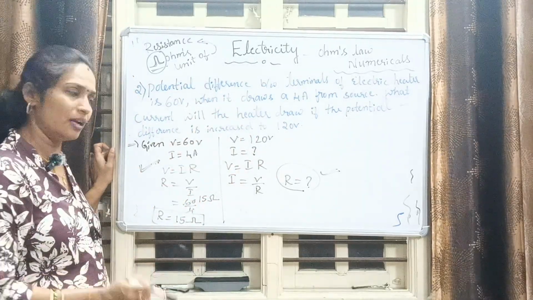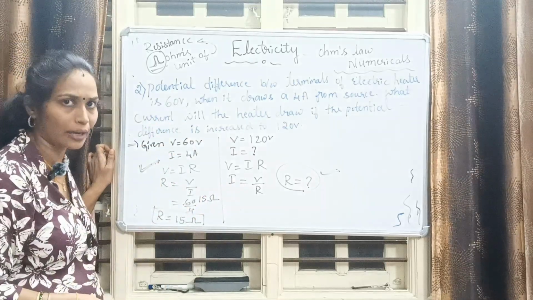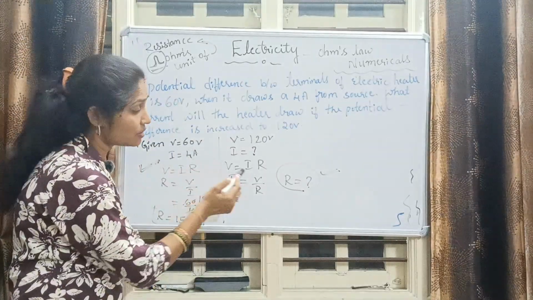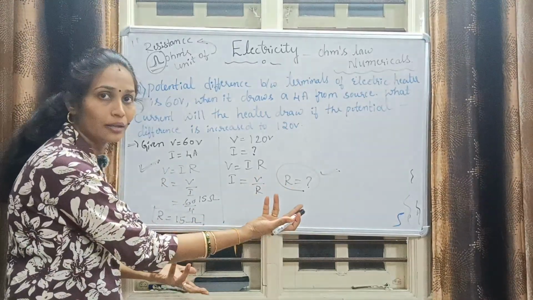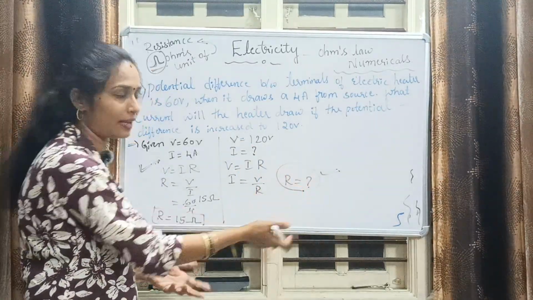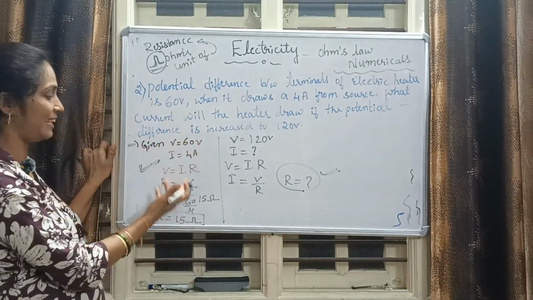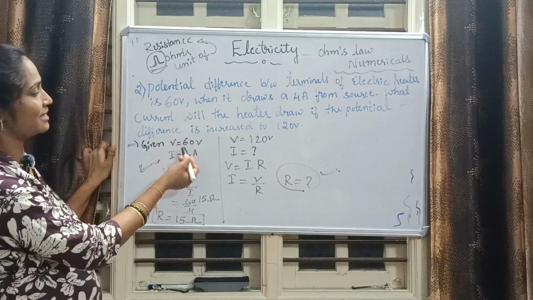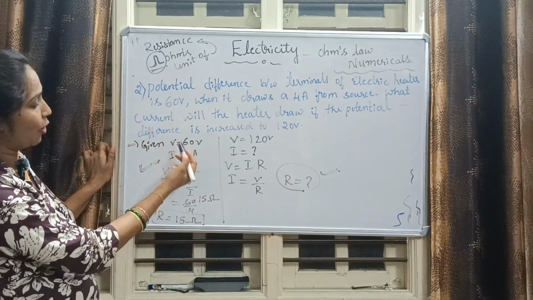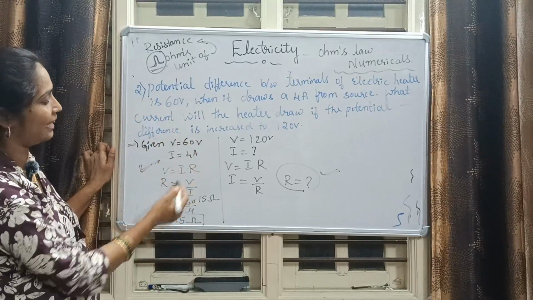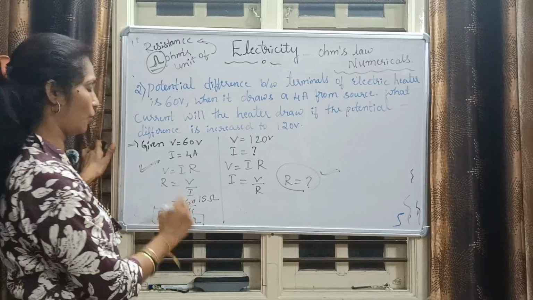We know the formula V is equal to I into R, so I is V divided by R. But we don't know R. By this information, you can easily get R by putting 60 volt and 4 ampere. When voltage is divided by current, you will get resistance. We got 15 ohms.